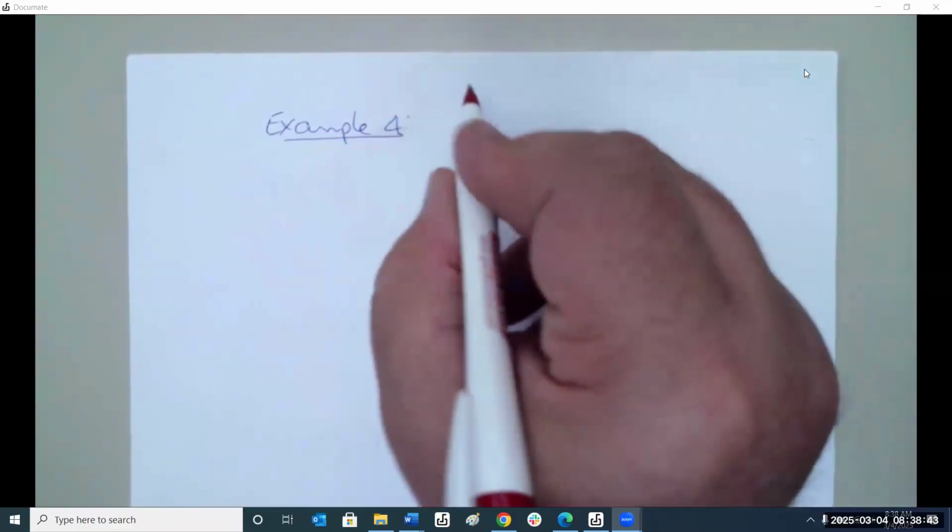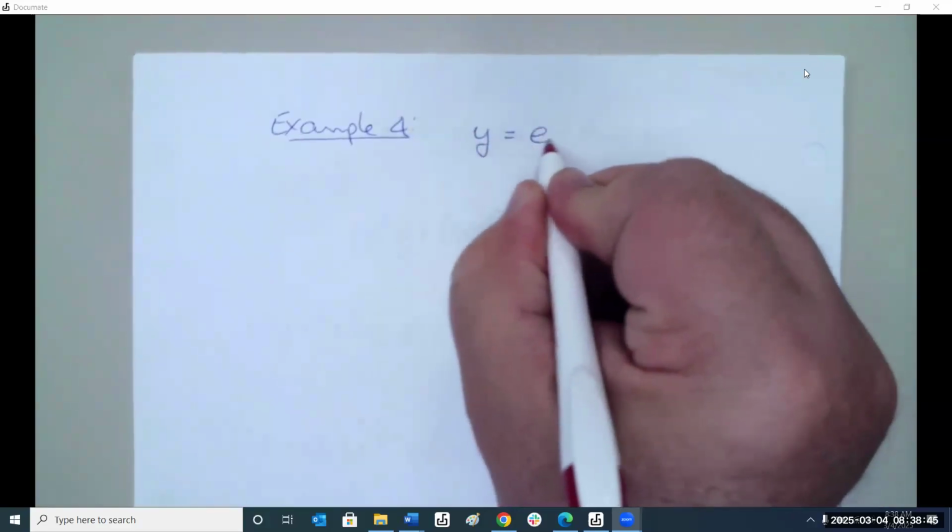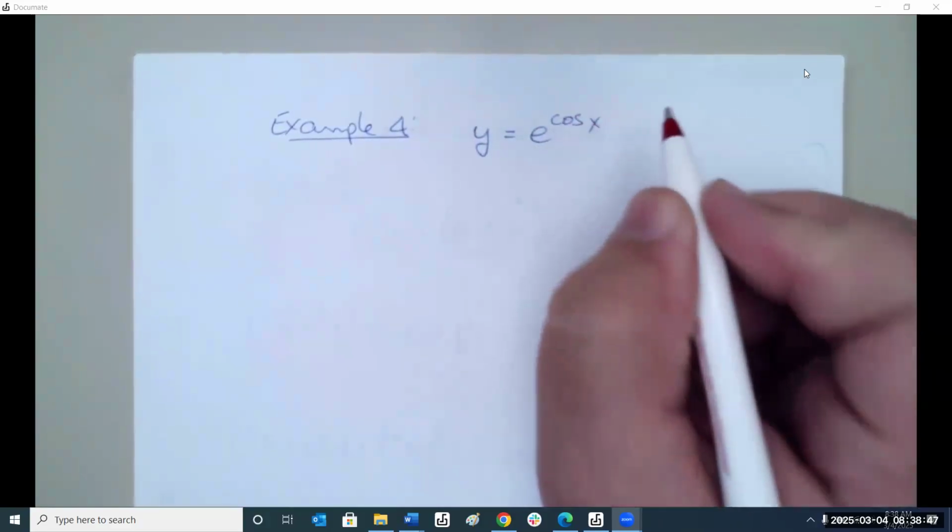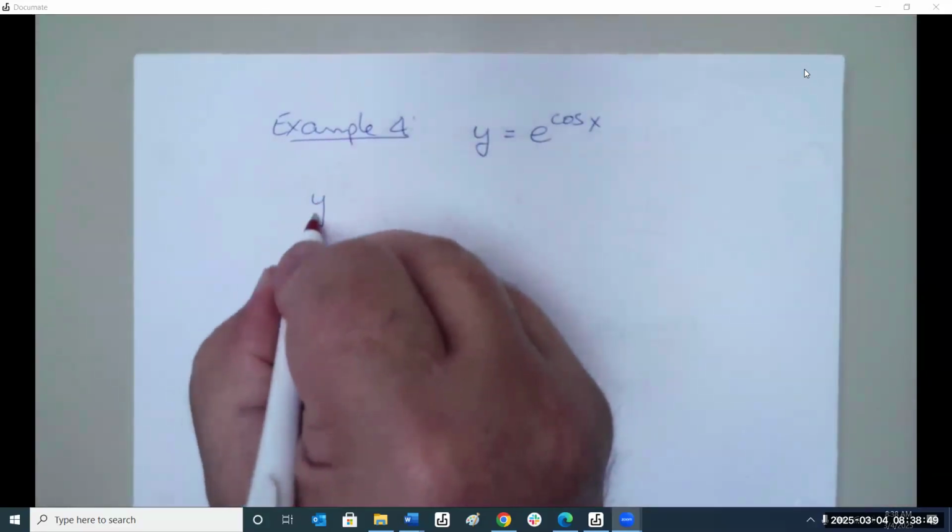Example 4. y is equal to e to the cosine x. Differentiate it.